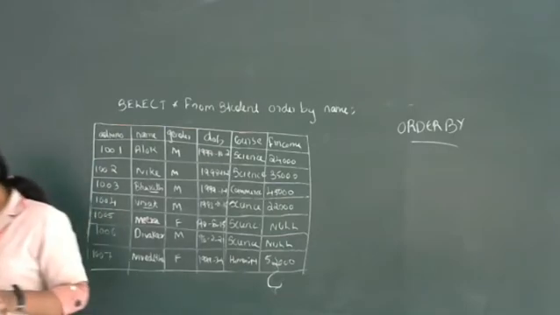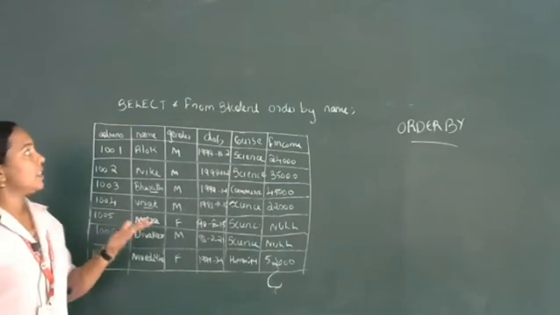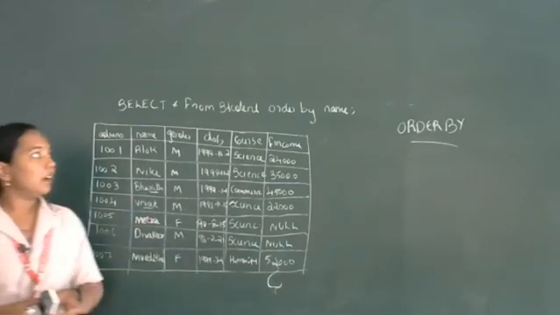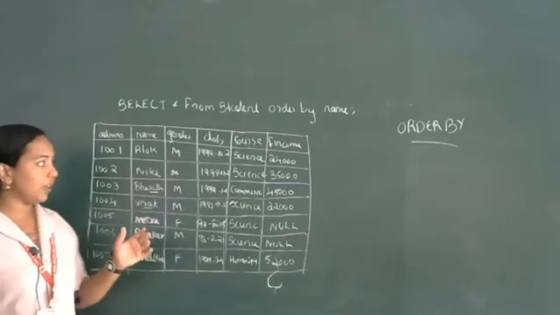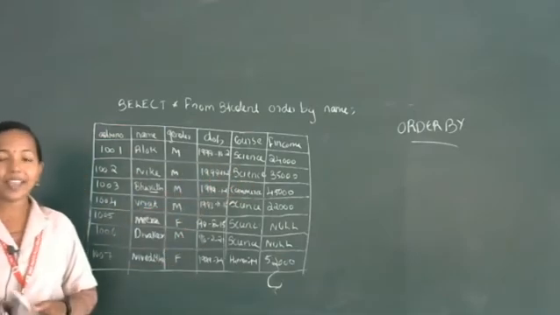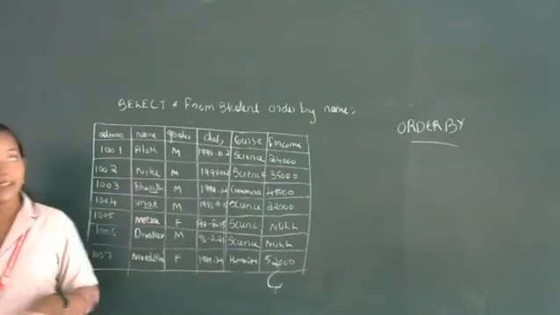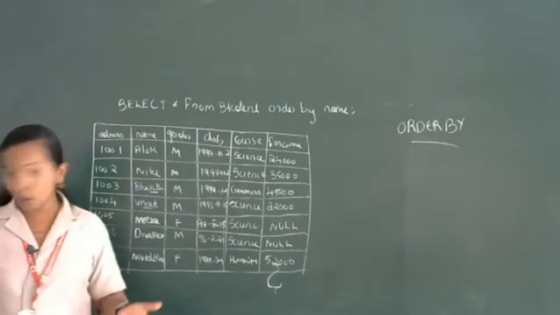Then next one, SELECT * FROM student. Suppose I want to arrange name and course. Here name and course are in character format, VARCHAR. Suppose I want to arrange name and also course in order.